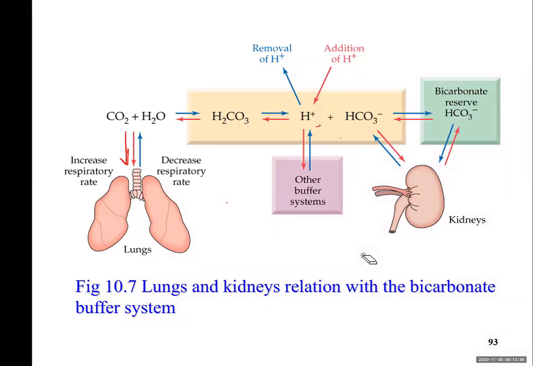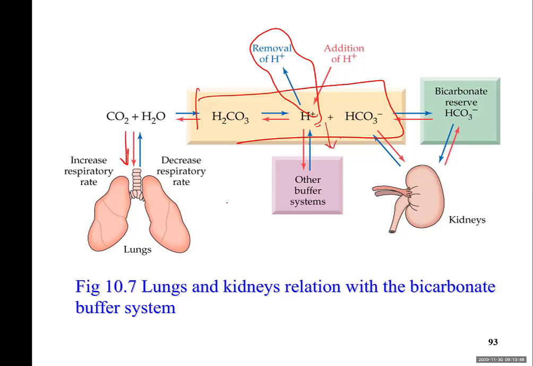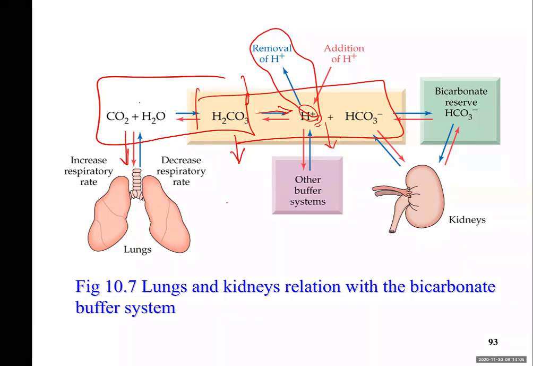And if we add a base to this reaction mixture, if any basic component of the food comes into your blood, H plus will neutralize the base. So in this equilibrium, concentration of H plus goes down. The equilibrium is going to shift from left to right to make more H plus. And then in this equilibrium, if there is lower concentration of H2CO3, according to Le Chatelier's principle, this reaction moves from left to right to make more carbonic acid.